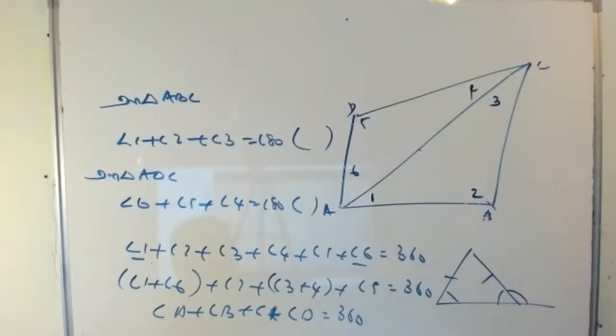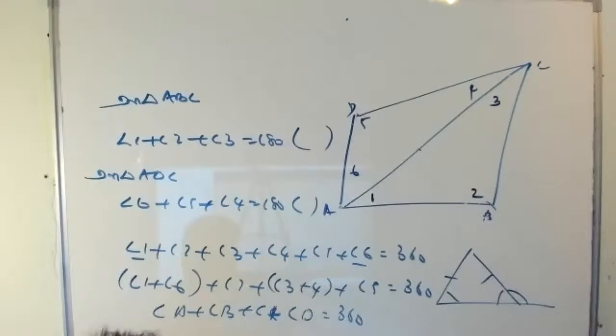Okay. Next one. In a quadrilateral ABCD, the angles A, B, C, and D are in the ratio 1:2, 4:5.